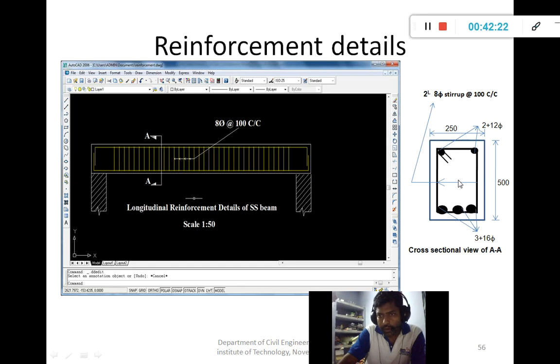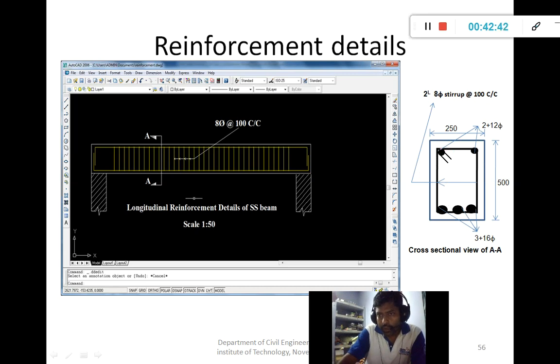Otherwise, when the concreting is done, if it is open or not confined properly, the cage is not made properly, and if the bars are not confined properly, then when the concreting is done, the bars are displaced.